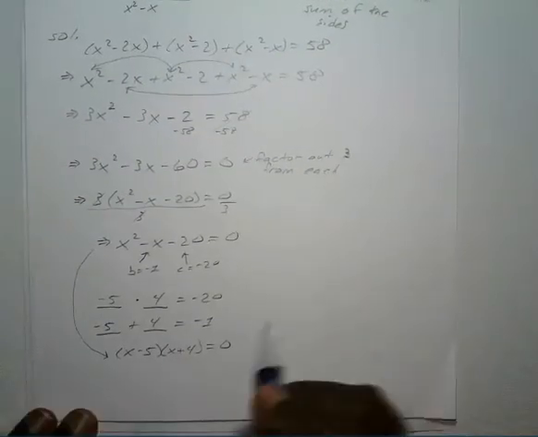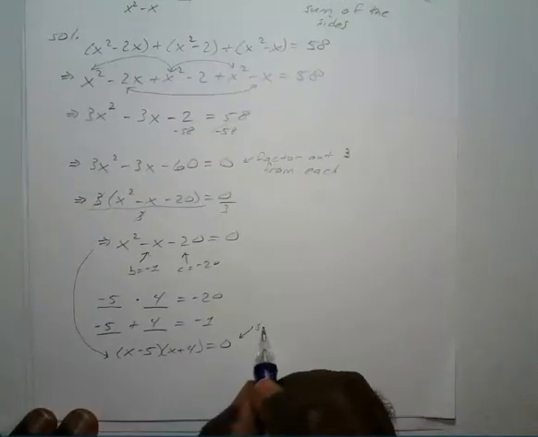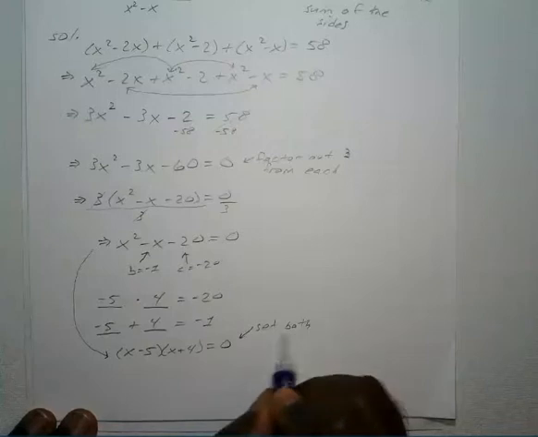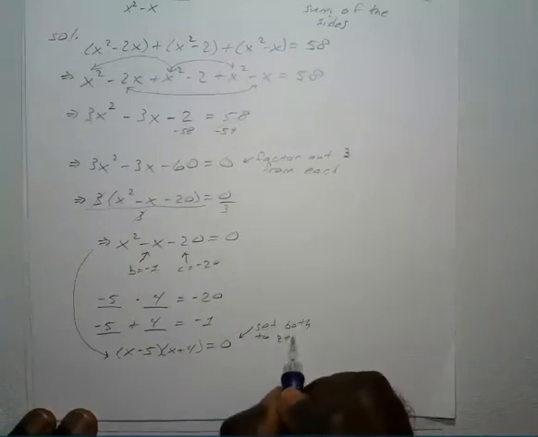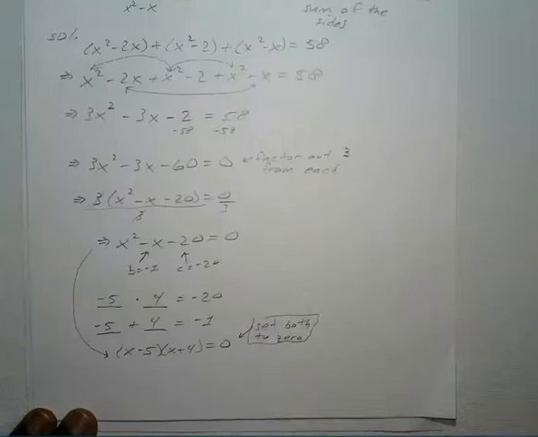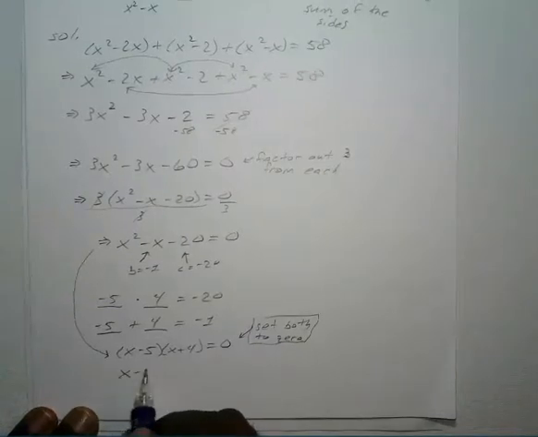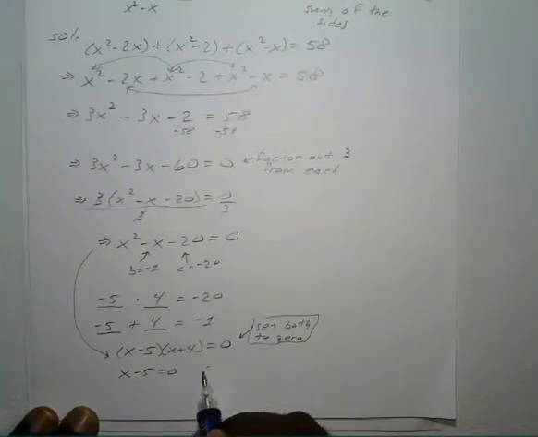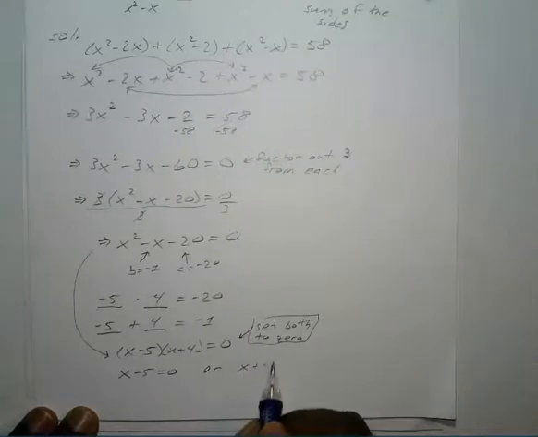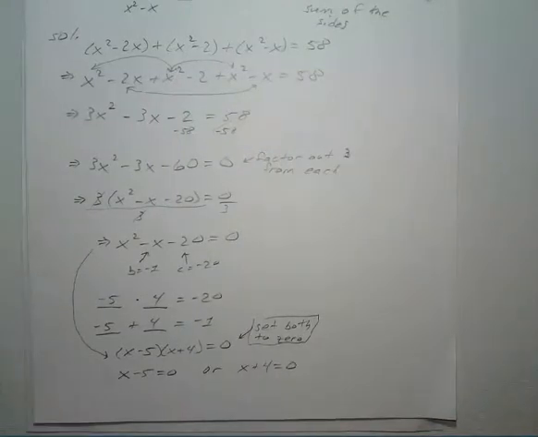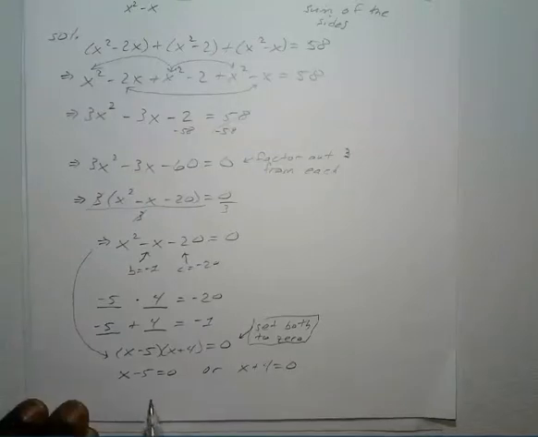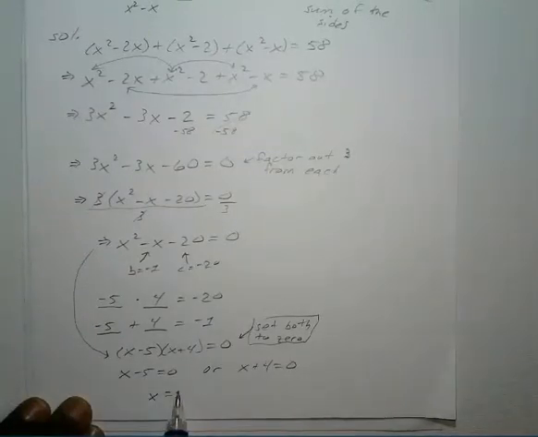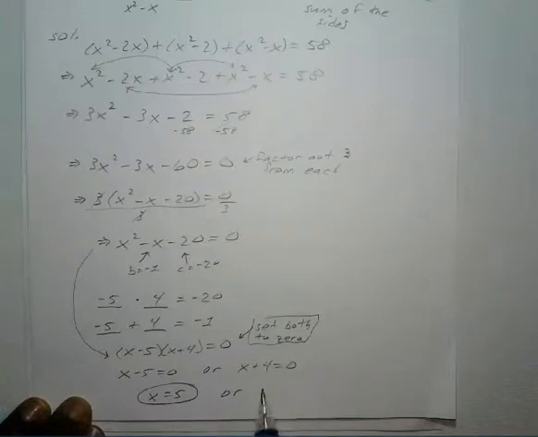Okay, so again, we set both to 0. So we have x minus 5 equals 0, or x plus 4 equals 0. So if we add 5 to both sides, we end up with x equals 5. Or if we subtract 4 from both sides, we have x equals -4.